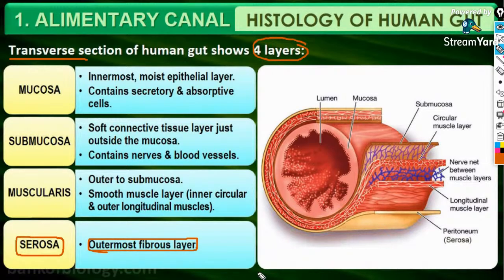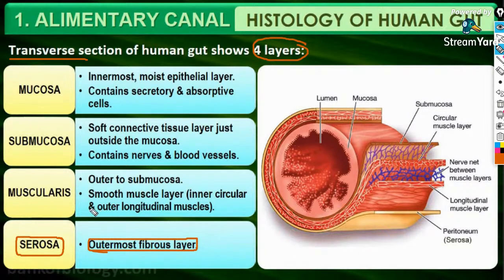That is the composition of the serosa. Guys, as we move through each part, please tell me if it's clear or not. The thing about serosa, is it clear? Yes. Thank you so much.